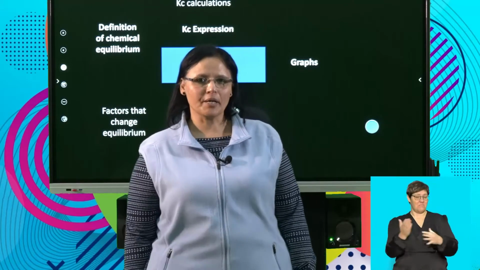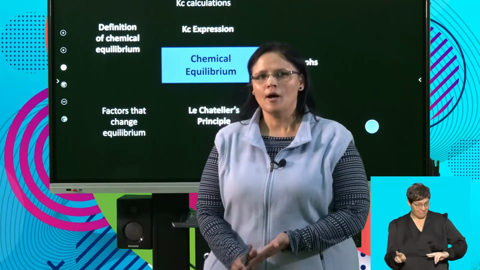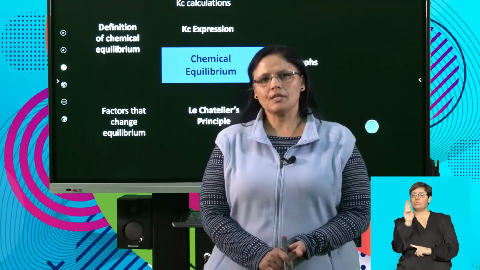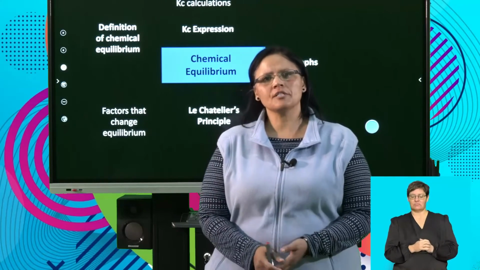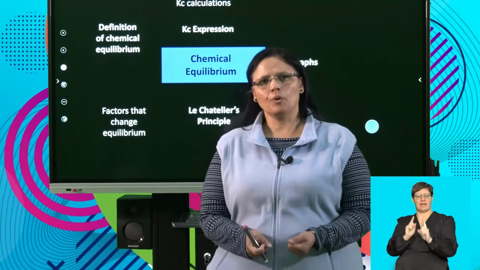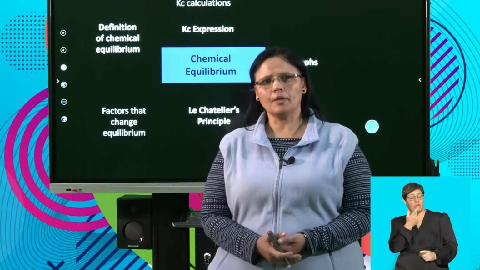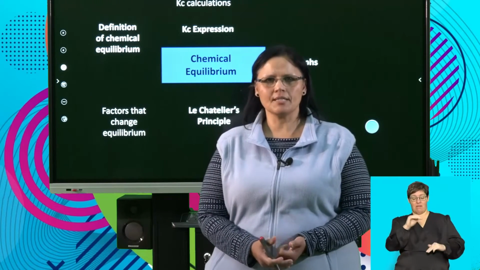Welcome back from the break. I hope you're ready. In the previous session, we looked at Le Chatelier, what the principle says, and how to answer questions on chemical equilibrium when the equilibrium is disturbed.